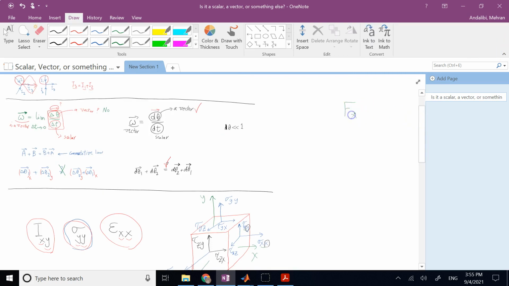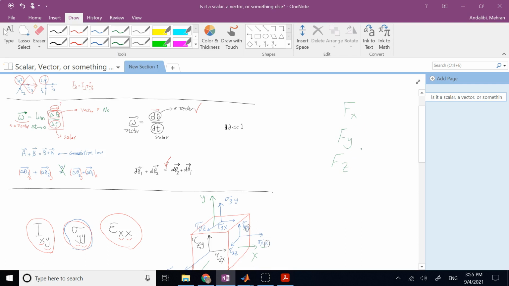So this F has only one subscript, so it is a tensor of rank 1. This sigma has 2 subscripts, so it is a tensor of rank 2. So if I can find something that has 3 subscripts, it could be a tensor of rank 3.